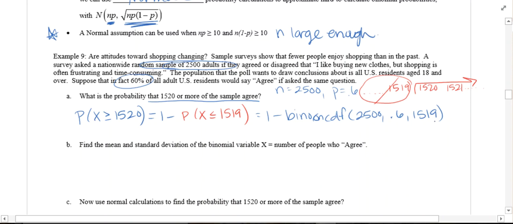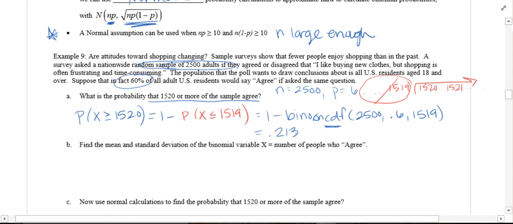Okay, so grab your calculator, make sure you pick binomial CDF, 2500, 0.6, 1519. Okay, when you get that out, you should get 0.213.